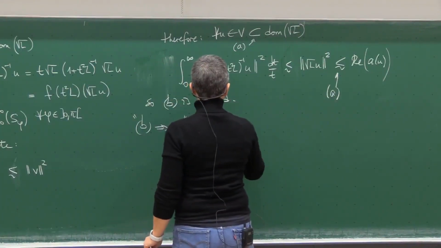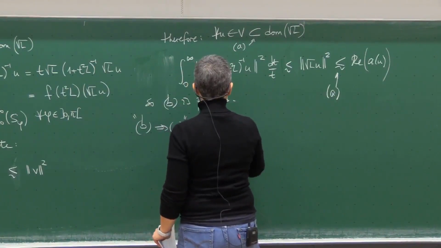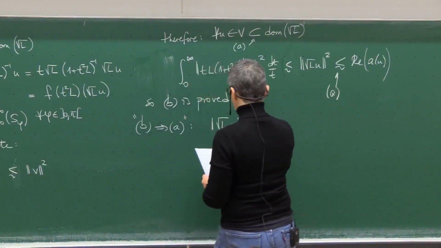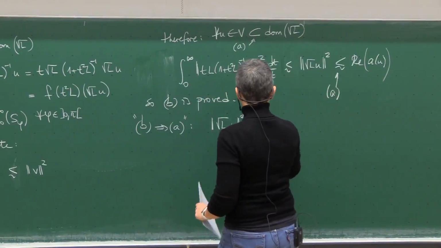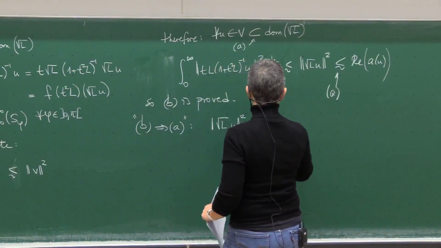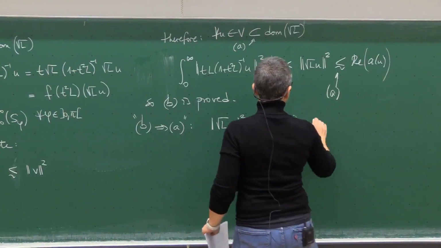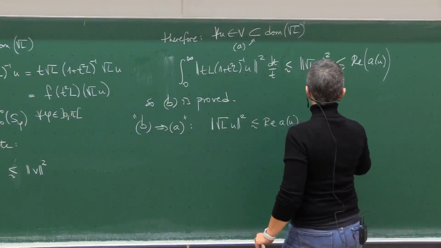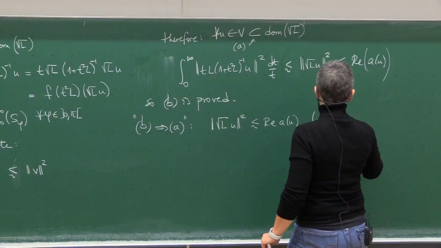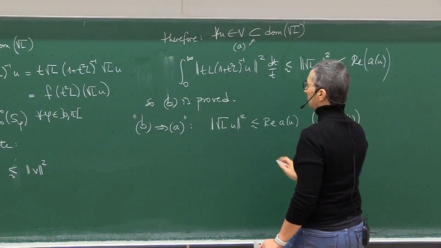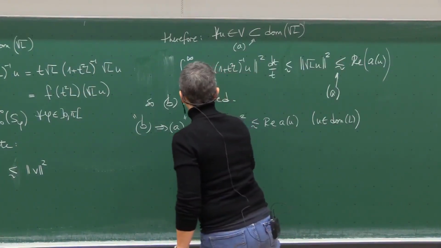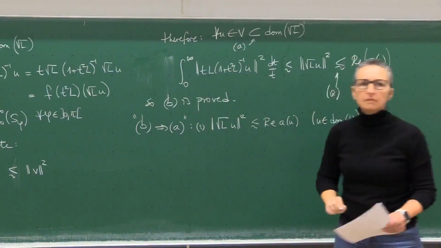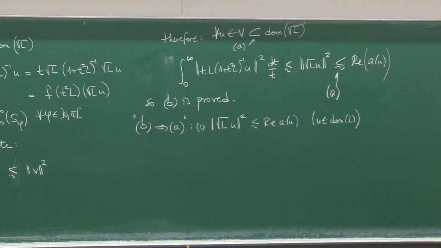So first what we will prove is that this one is less than or equal to the real part of A of u, first for all u in the domain of L. So that's our first point.